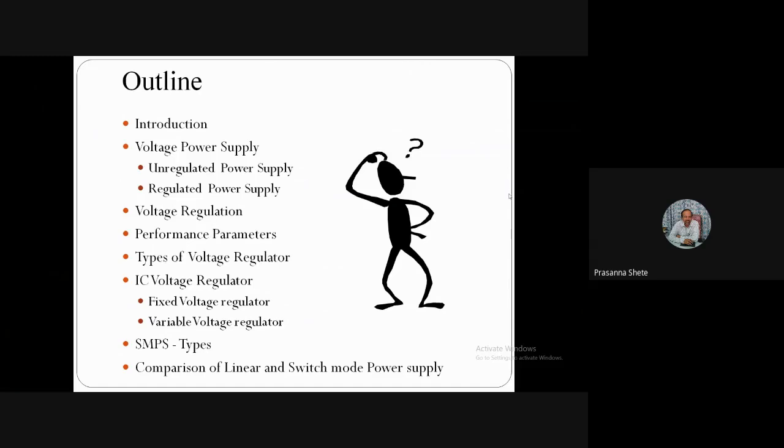We are going to discuss the topic switch mode power supply, that is SMPS, and different types of SMPS. And lastly, we are going to see the comparison between linear voltage regulator and switch mode power supply.